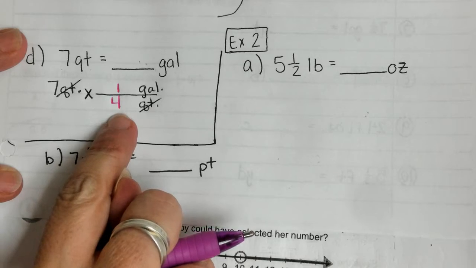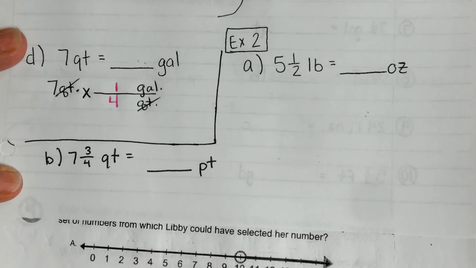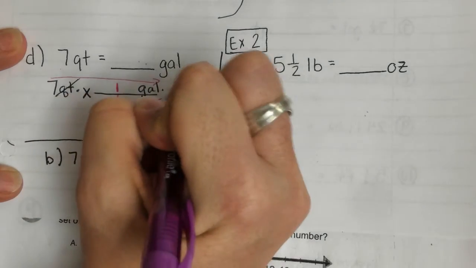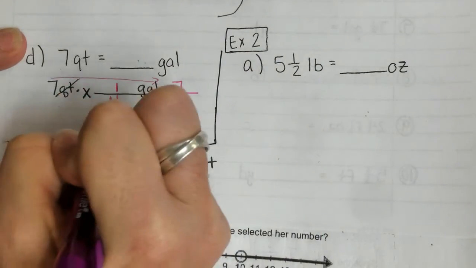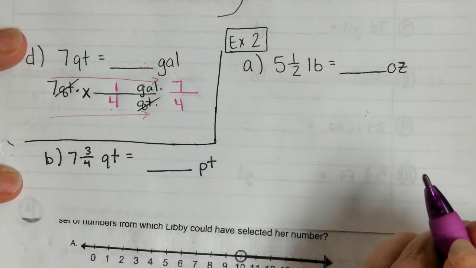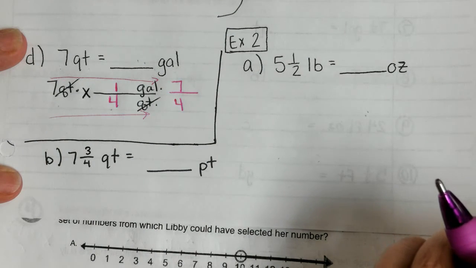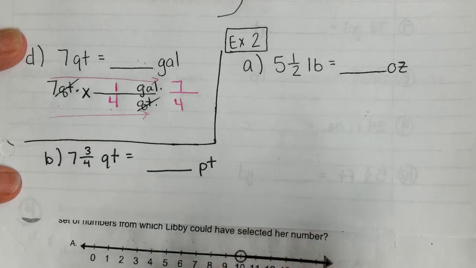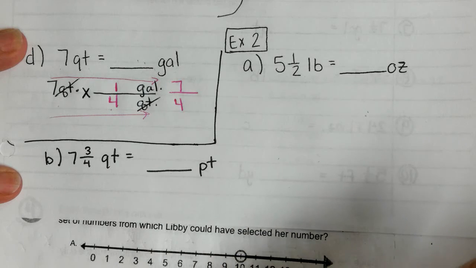Here's the next step. If you multiply straight across, 7 times 1 is 7. 1 times 4 is 4. 7 over 4, guys. Now, I need fractional answers, unless it gives you a decimal.